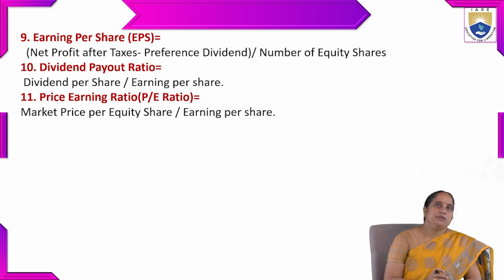The next one, EPS, earning per share, which is equal to net profit after taxes minus preference dividend divided by number of equity shares, and dividend payout ratio can be calculated by the ratio dividend per share divided by earning per share. The next one, price earning ratio, which is also denoted as P by E ratio, which is equal to market price per equity share divided by earning per share.